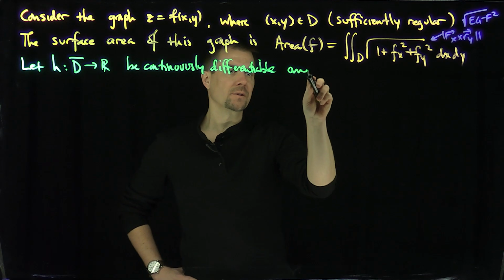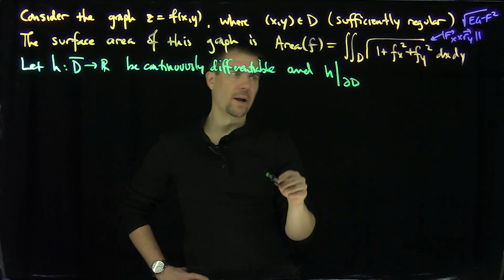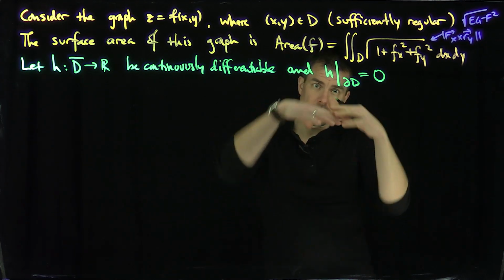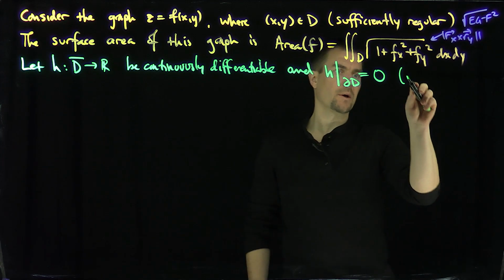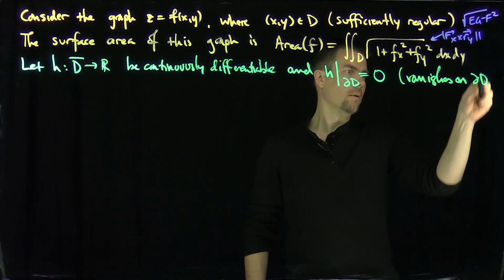And I want this function h restricted to the boundary of this domain to be 0. In other words, it vanishes on the boundary.